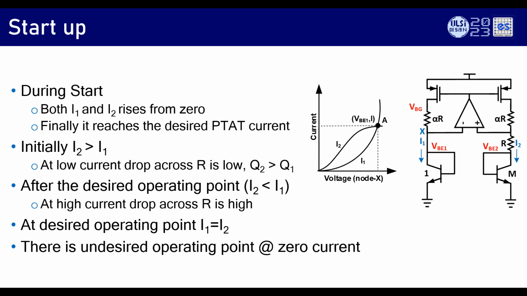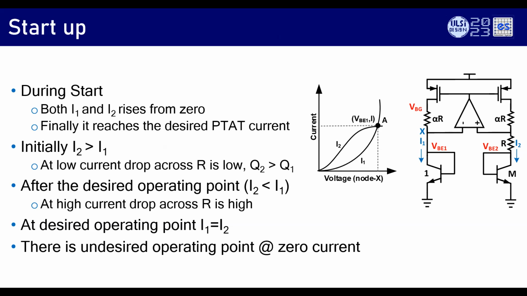So the first is the startup. Now, the argument here is that, let's say that during startup, I1 and I2 rise from 0. Finally, it reaches the desired PTAT current. That is the aim. But let's say that I2 is less than I1 initially because of the resistor.